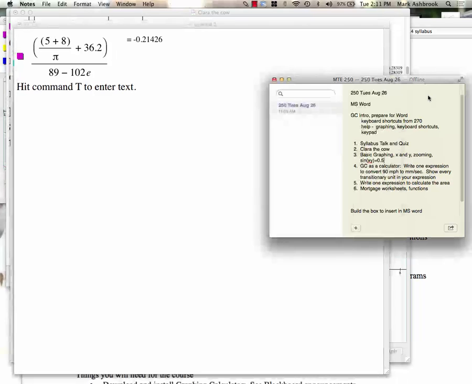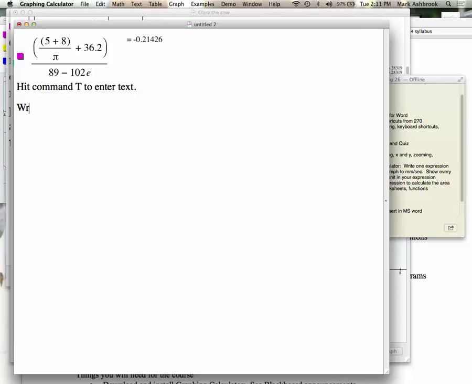So what I want you to do is write an expression on a command line.